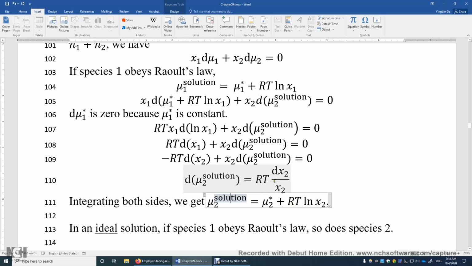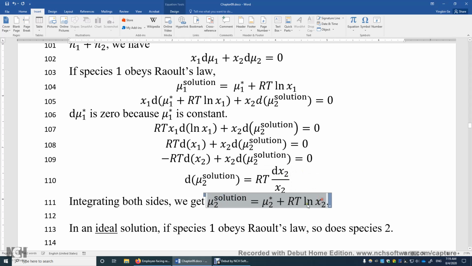At first you might wonder if it's an indefinite integral, but you can have a lower limit and an upper limit. The upper limit is the actual x2. The lower limit is 1. When you have a pure component 2, that's used as the lower limit, or your baseline. And then you get this equation.